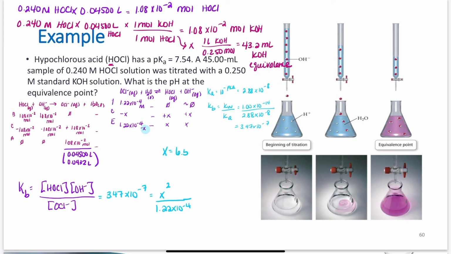We find x equal to 6.51 times 10 to the minus 6, and this is equal to my hydroxide concentration. So you're going to find pOH, 5.190, 3 sig figs. And your pH from there, 8.810.